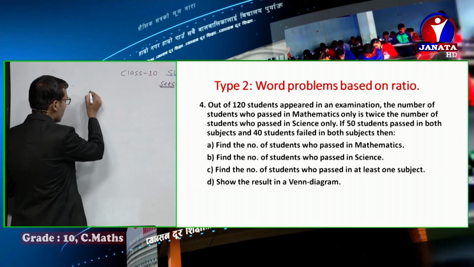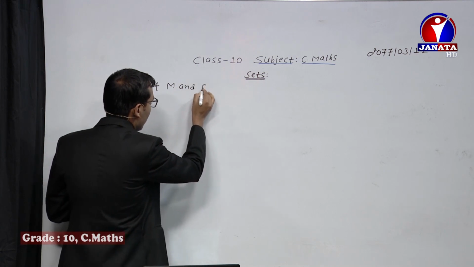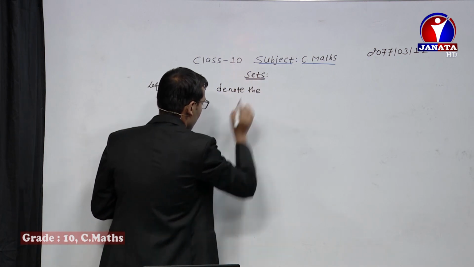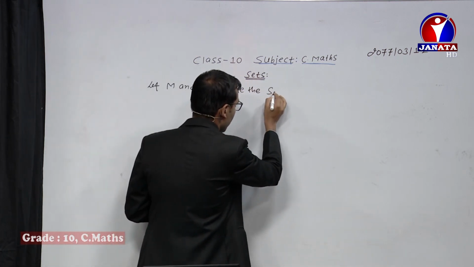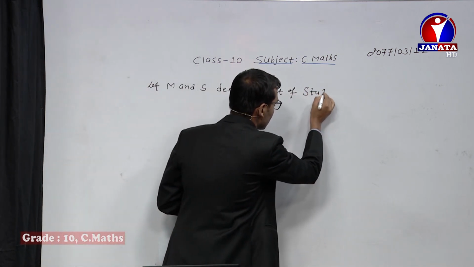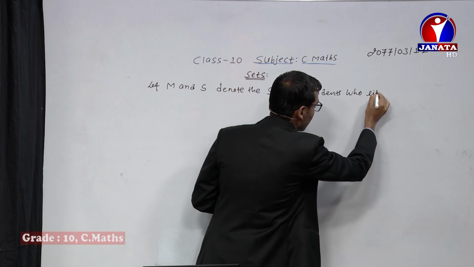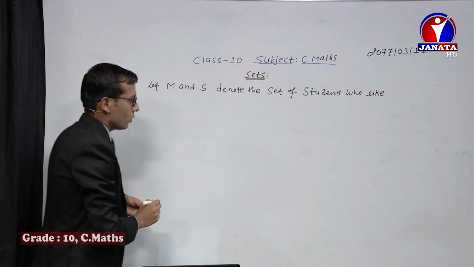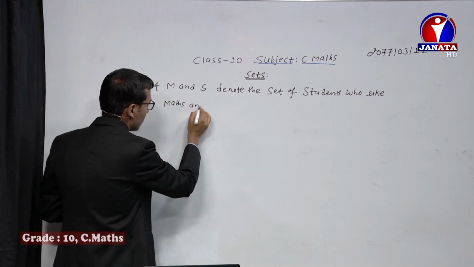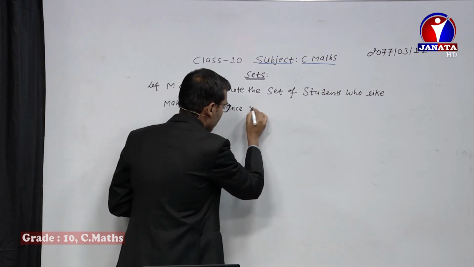So first of all, let M and S denote the set of students who like math and science respectively.